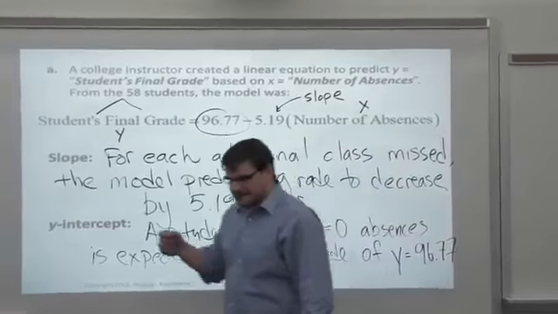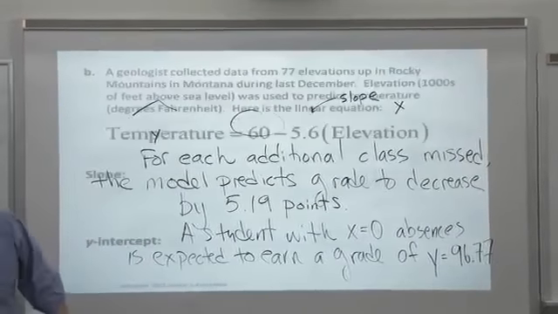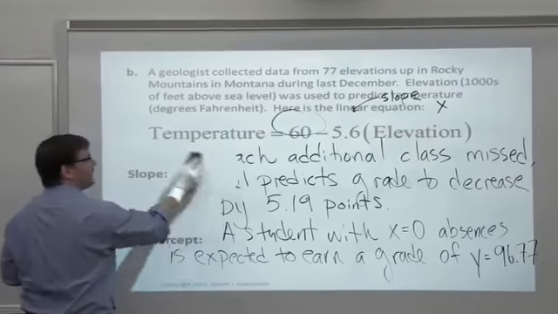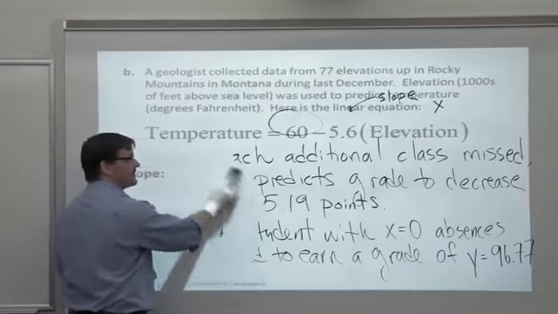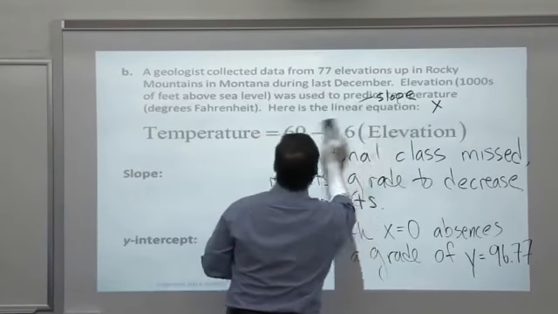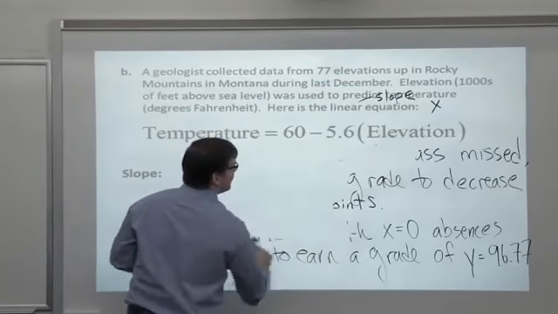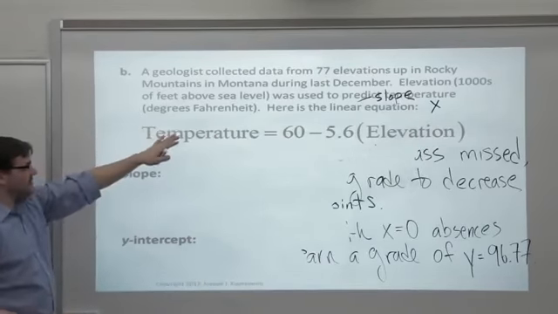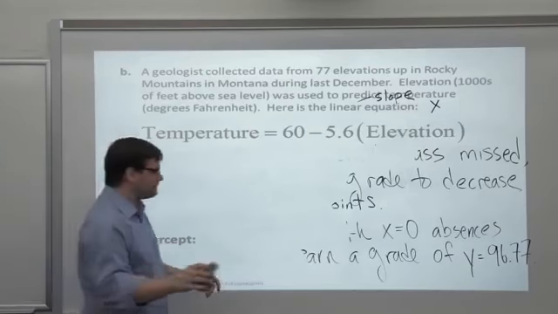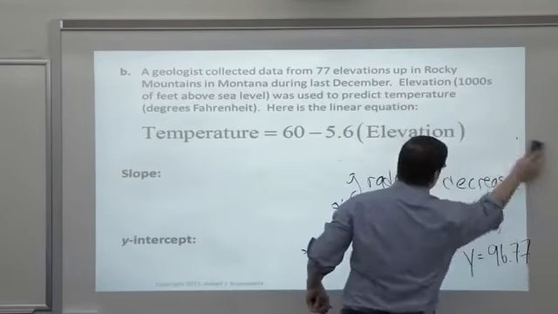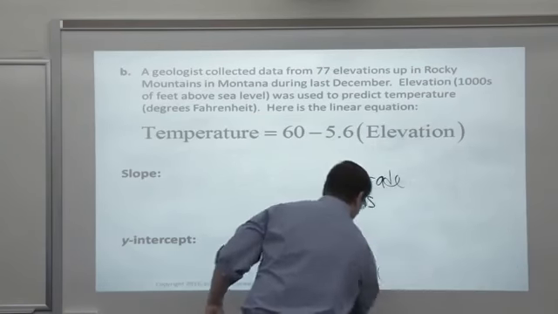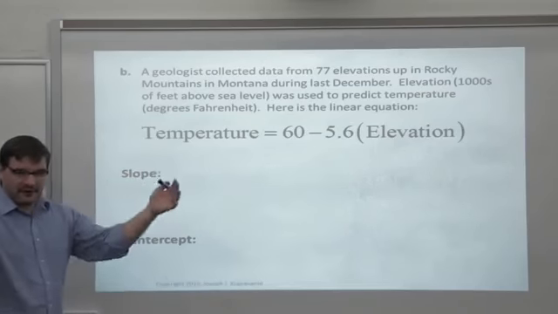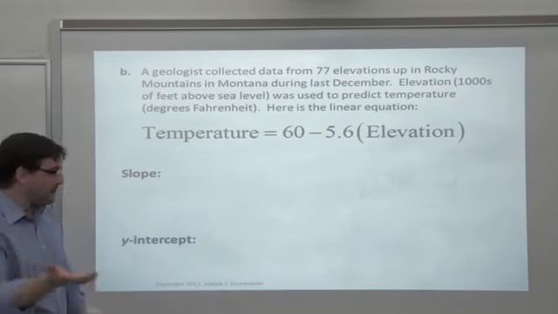We'll move on to B. And here comes B. A geologist collected data from 77 elevations up in the Rocky Mountains during last December. Elevations were listed in thousands of feet above sea level, and those elevations were used to predict temperature. As we probably know, the further you go up in elevation, up in the mountains, the colder it typically gets.